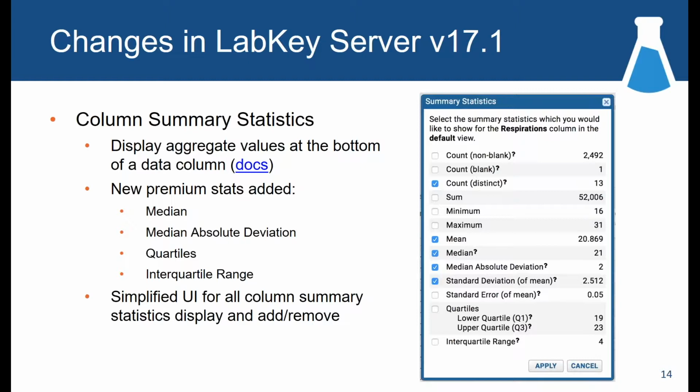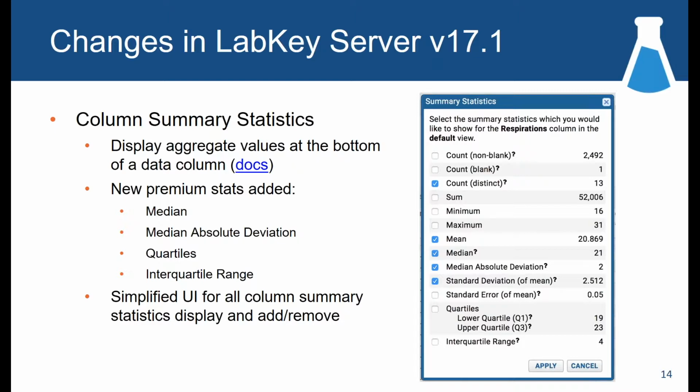In LabKey Server version 17.1, we also did some revamping and updating of the column summary statistics for a data grid. These summary statistics are aggregate functions that can be added for display at the footer of a column in the LabKey data grid. In previous LabKey versions, these statistics could only be added to the grid using the custom views UI dialog, but now they can more simply be added by clicking, again, the column header menu item for a grid, selecting the summary statistics option, and seeing a dialog like the one I have screenshotted here in the slides.